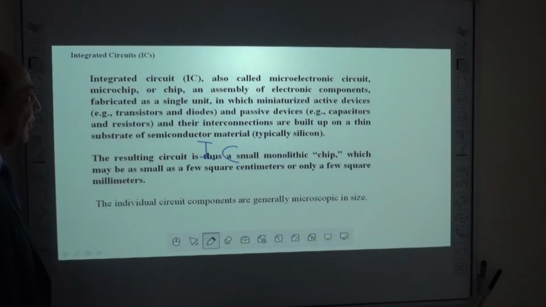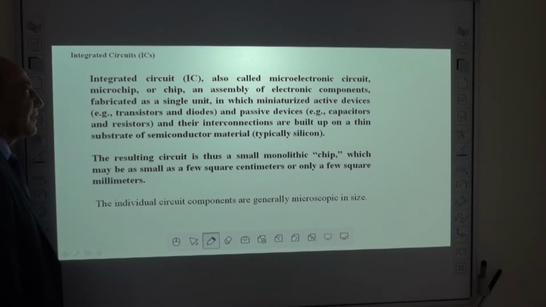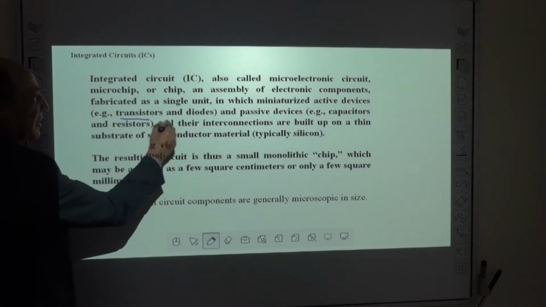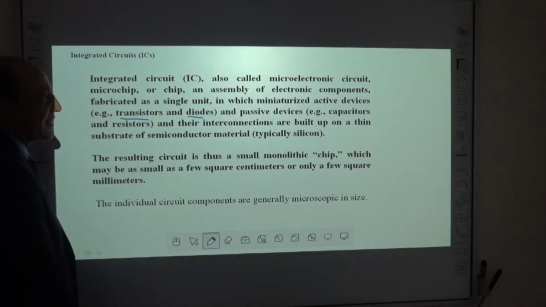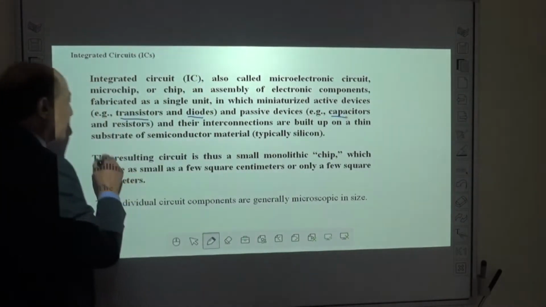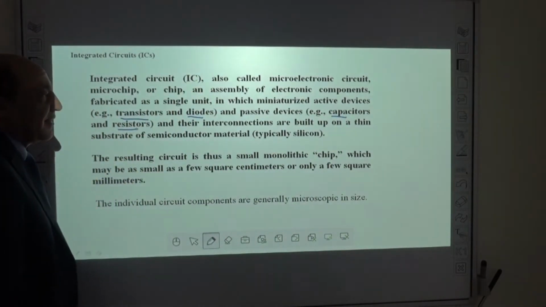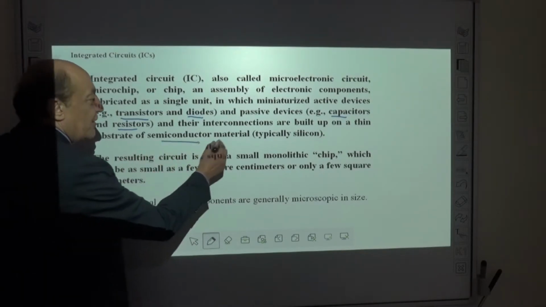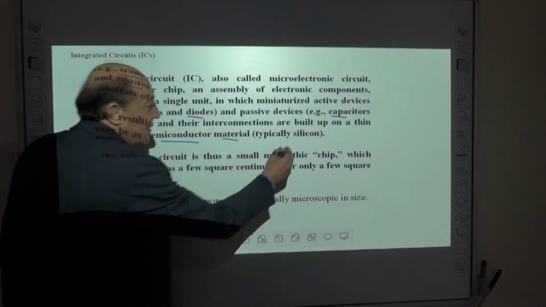IC, also known as chip, microchip, microelectronic circuit, is an assembly of electronic components fabricated as a single unit in which miniaturized active devices, transistors and diodes, and passive devices, capacitors and resistors, and their interconnections are built up on a thin substrate of semiconductor material, usually silicon.